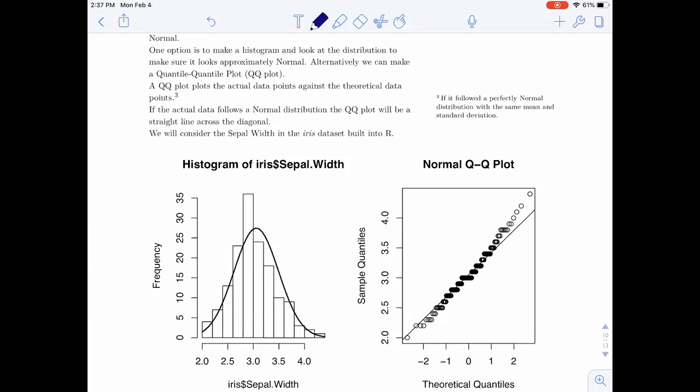I've got the code for doing it down here, or it's in the lab manual. What you're going to be looking for is, are these points essentially on this straight line? If you have a perfectly normal distribution, all these points will be exactly on this line. Of course, because we're talking about samples, we're not going to be exactly on the line. We're only going to be concerned if we have this huge kind of S curve around the line or just huge deviations, then we probably don't have a normal distribution.